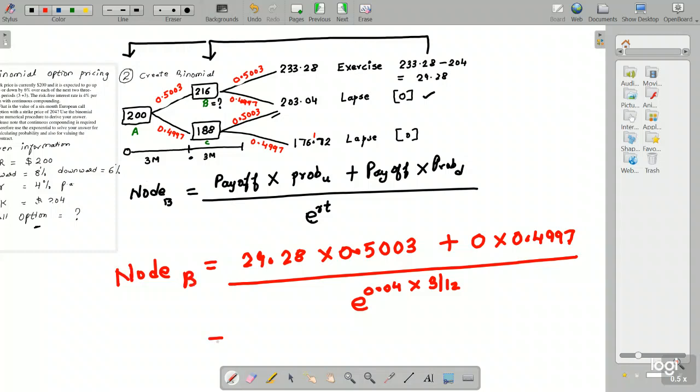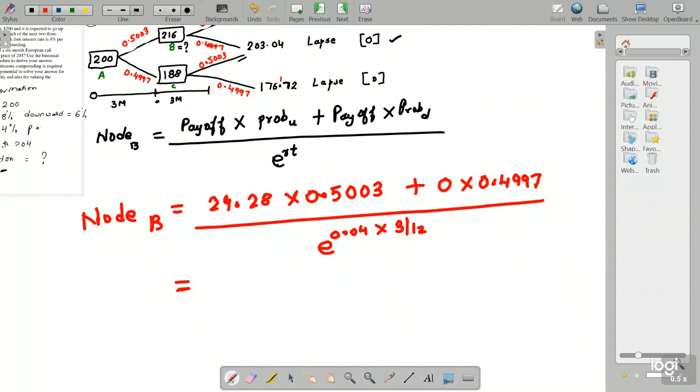So if you calculate how much is the value that you are going to get at node B, it is almost 14.648 divided by 1.01005.